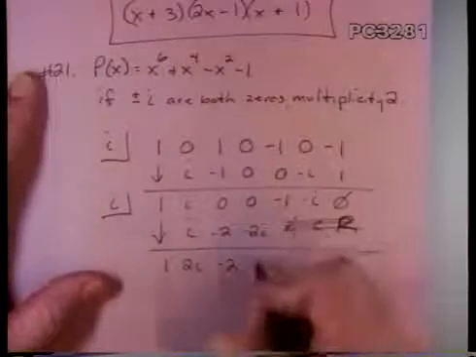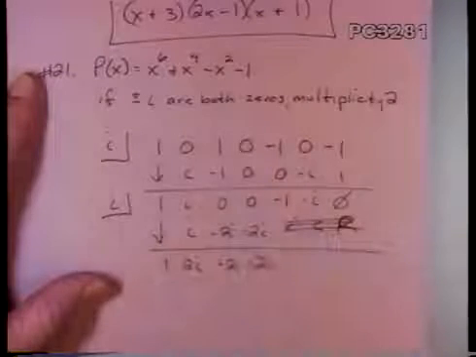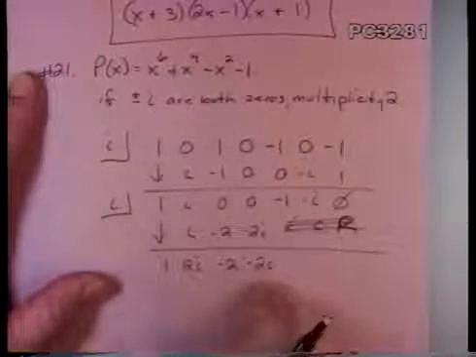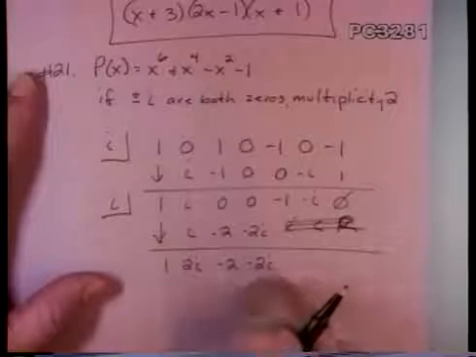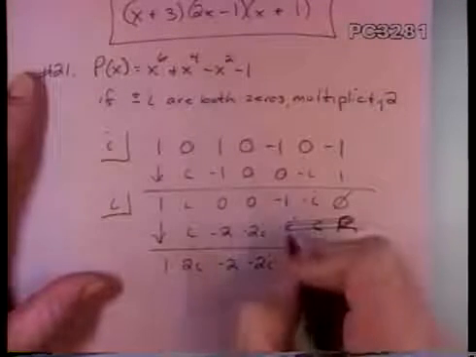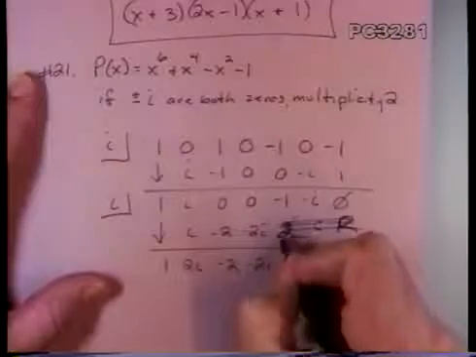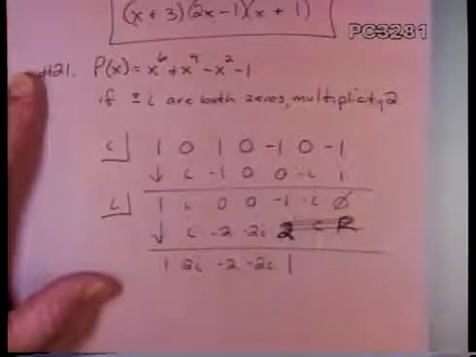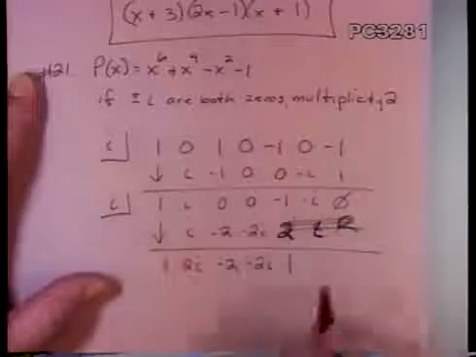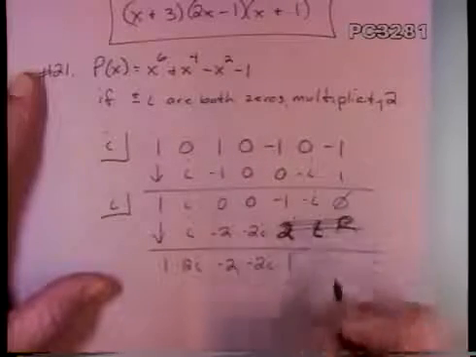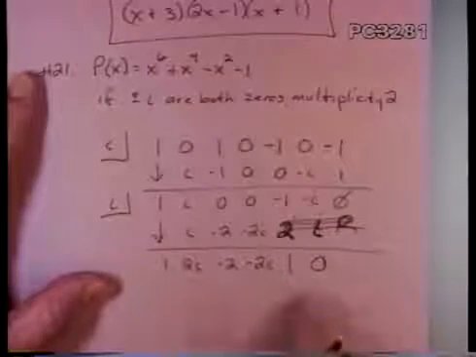And that's going to give me negative 2i. i times i is negative 1, times negative 2 gives me a positive 2 right here. 2 minus 1 gives me 1. i times 1 gives me i. Negative i plus i gives me 0 again. That's my remainder.